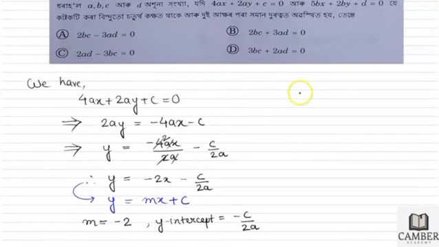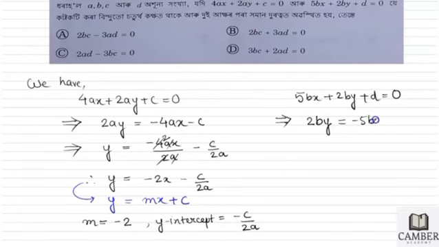Another line we have is 5bx plus 2by plus d is equal to 0, right? So similarly, like the earlier line, we can make it in the form of y equal to mx plus c and understand what is the slope and the y-intercept. Okay, so I can write it like this: 2by is equal to minus 5bx minus d, right?